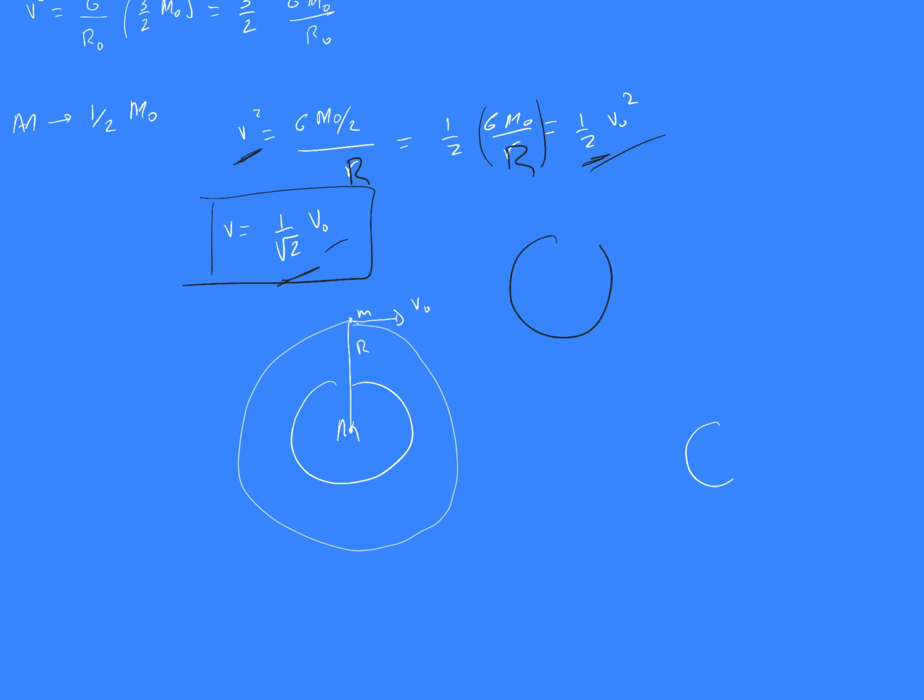Now, if you reduce the mass of the planet to half, and you don't touch the radius r, and you want to make this object do a circular motion, you need to decrease the velocity by a factor of 1 divided by the square root of 2. Otherwise, the object will not do a circular motion. Okay, this is the problem.